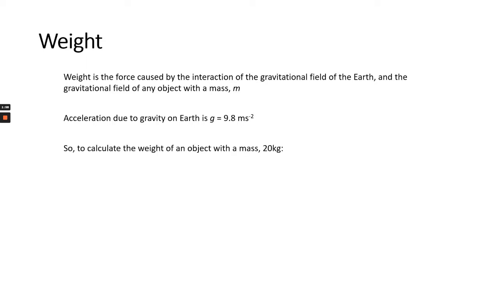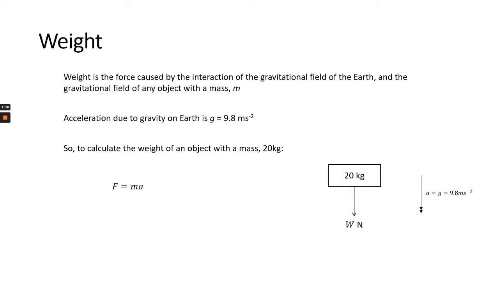We can also therefore calculate the weight of an object with, say, a mass of 20 kilograms by drawing a free body force diagram. If I know that it has a mass of 20 kilograms, and I assume there are no resistive forces, then the acceleration due to this force W is 9.8 meters per second squared.